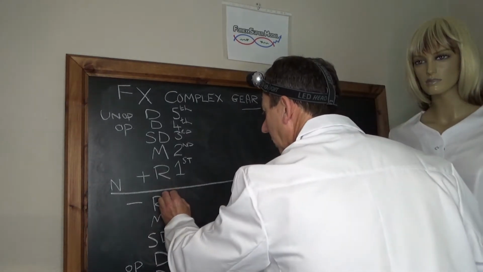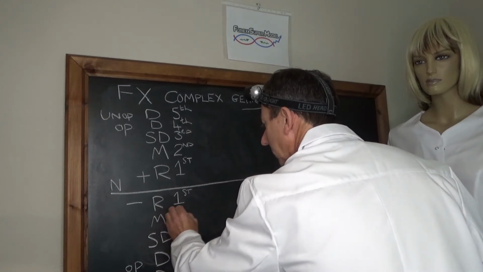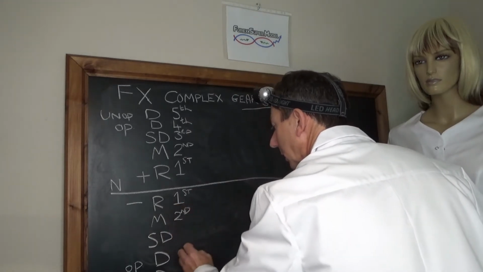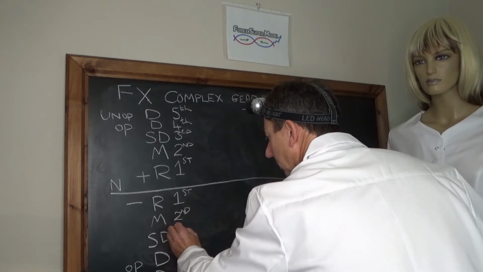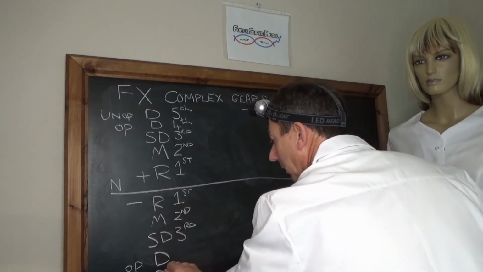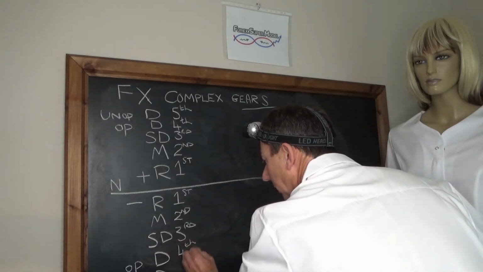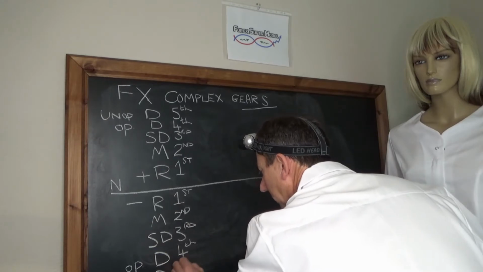So this is first in reverse, this is second, the mover's second, the secondary driver's third, the opposed negative driver is fourth, and the unopposed negative driver is fifth.